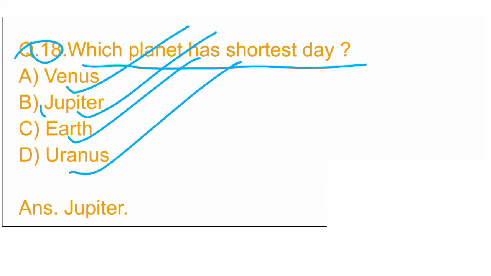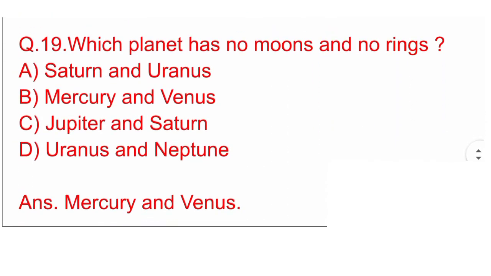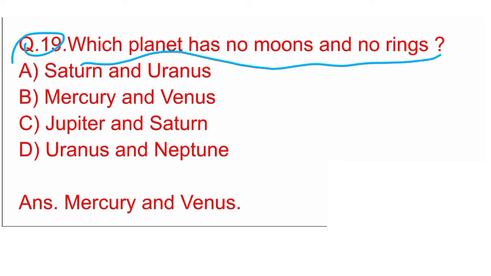Question number 19: which planets have no moons and no rings? Option A, Saturn and Uranus; B, Mercury and Venus; C, Jupiter and Saturn; D, Uranus and Neptune. The correct option is B, Mercury and Venus.